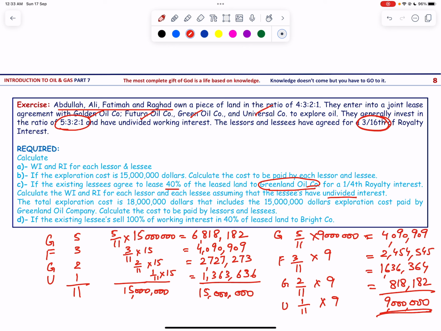Also note that the Golden Oil Company, Futura, Green and Universal will share this cost in the ratio of 5:3:2:1 as already explained. And regarding the revenue, the Green Oil Company will receive 40% of the revenue after deducting the royalty of 3/16 for the lessors, and the remaining will be shared by the four companies, that is Golden, Futura, Green and Universal.